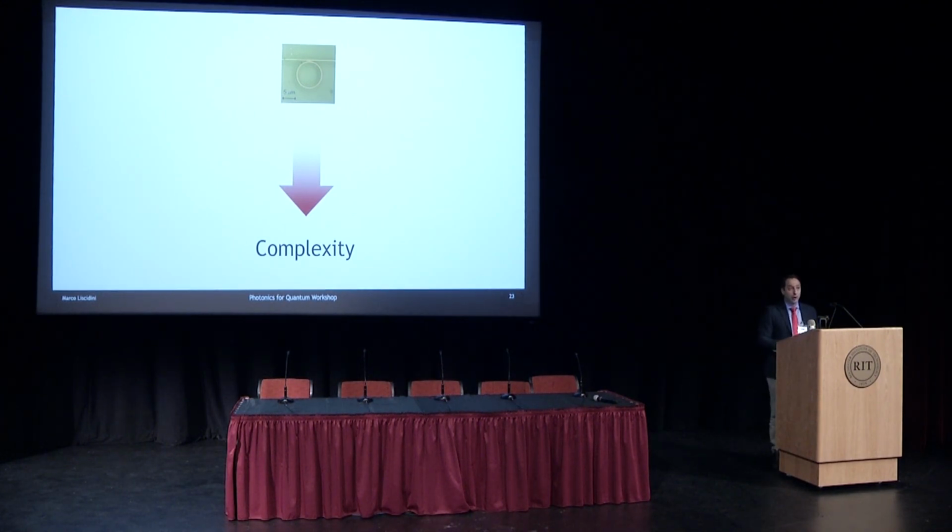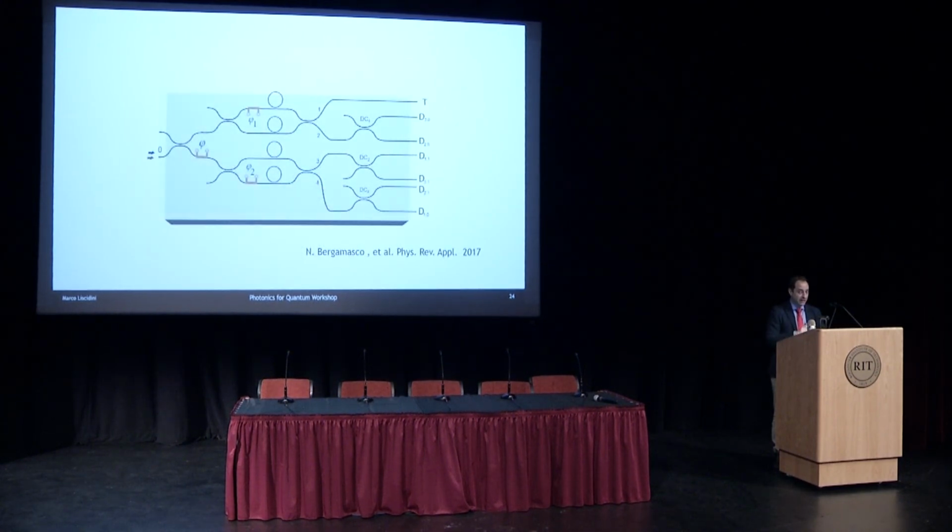We can do even more. In integrated optics, you can imagine that the generation of photons is made by exploiting the interference of many different sources. I have no time to enter into this topic right now, but for example, here we propose the generation of GHZ states in an integrated device.